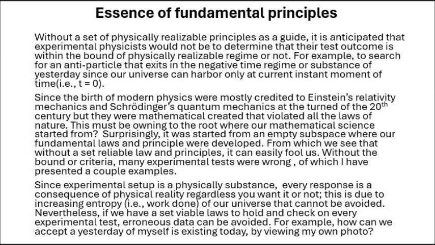This is due to increasing entropy, that is, work done, of our universe that cannot be avoided. Nevertheless, if we have a set of viable laws to hold and check on every experimental test, erroneous data can be avoided. For example, how can we accept the yesterday of myself as existing today by viewing my own photo?